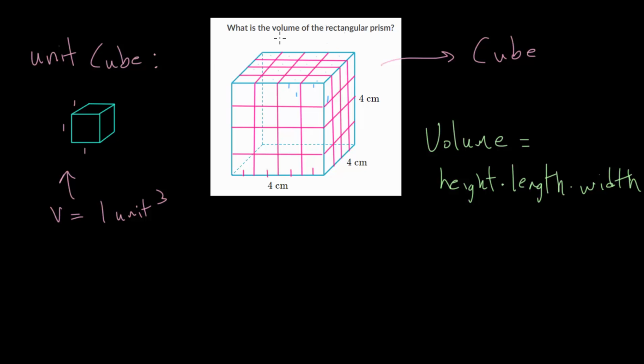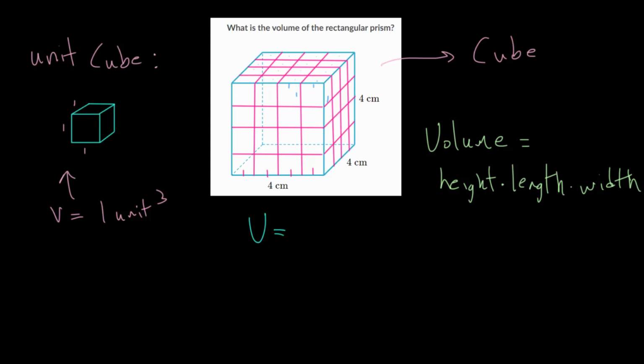So we have 16 up top. And then notice you have 1, 2, 3, 4 rows of that. So you have 4 rows of these 16. You have 16 here, 16 more there, 16 more here, and 16 on the bottom. And we know that 4 times 16 is just 64. So in total, there are 64 unit cubes here.